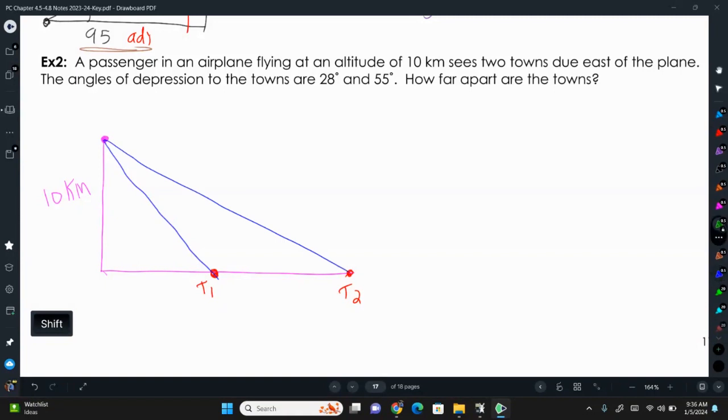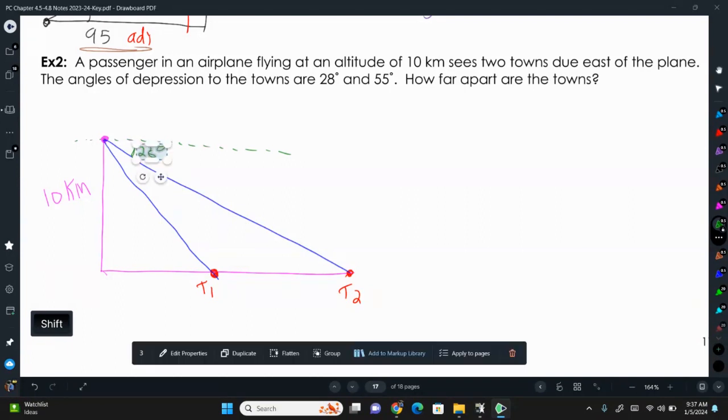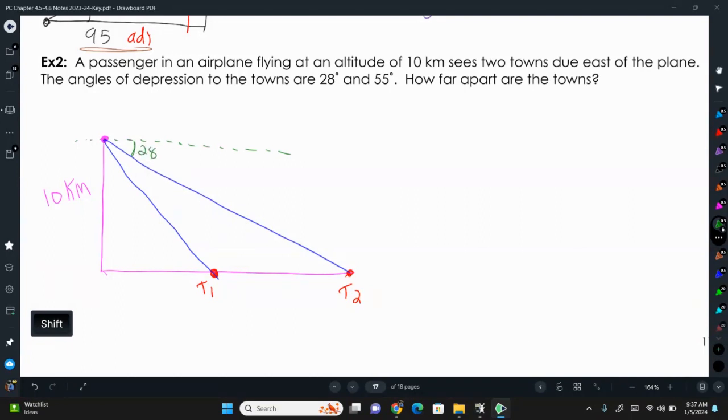And remember, the angle of depression is really this line here, this angle here, which is 28 degrees. But we said earlier that this is also 28 degrees. You're going to be saying, well, how do I know 28 goes here and 28 doesn't go there?